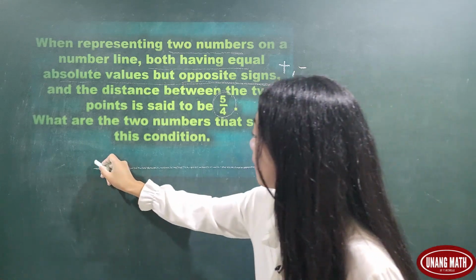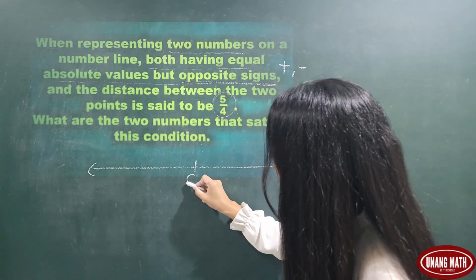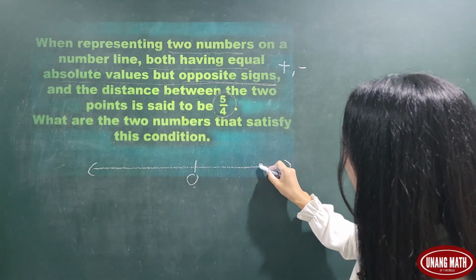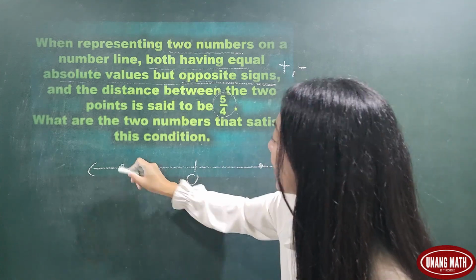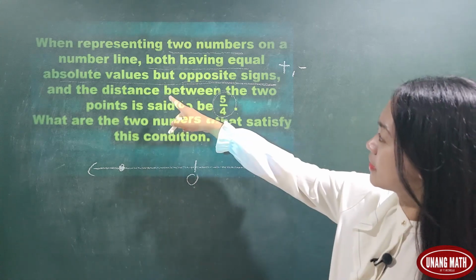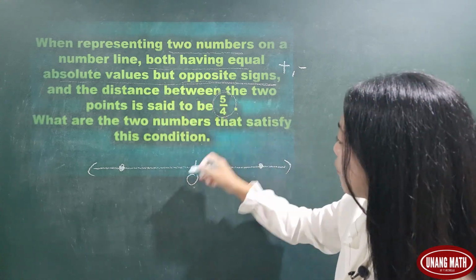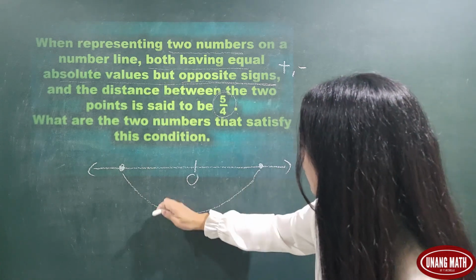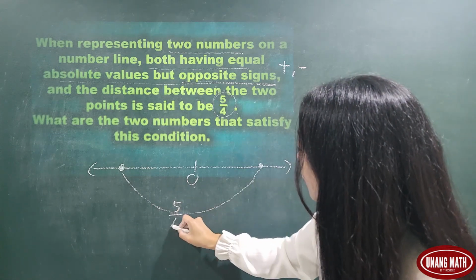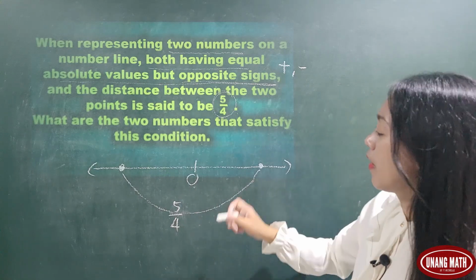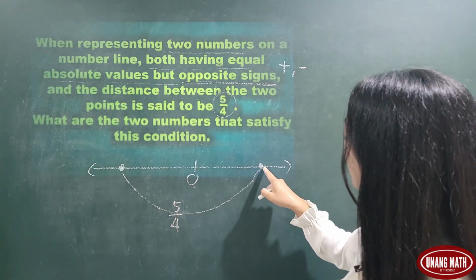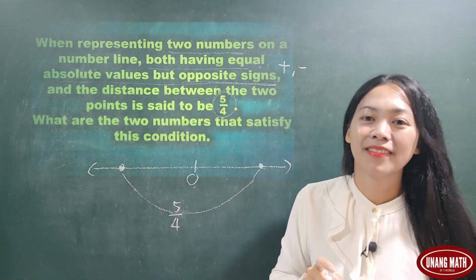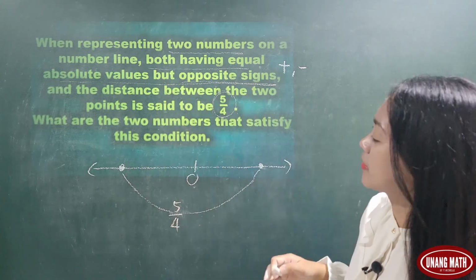If this is our number line, this is the center or the origin. We have here the positive number and the negative number. The distance between the 2 points is said to be 5 over 4. So from here to this point, the distance is 5 over 4. It means from here to here and from this point to this point, equal size or distance.